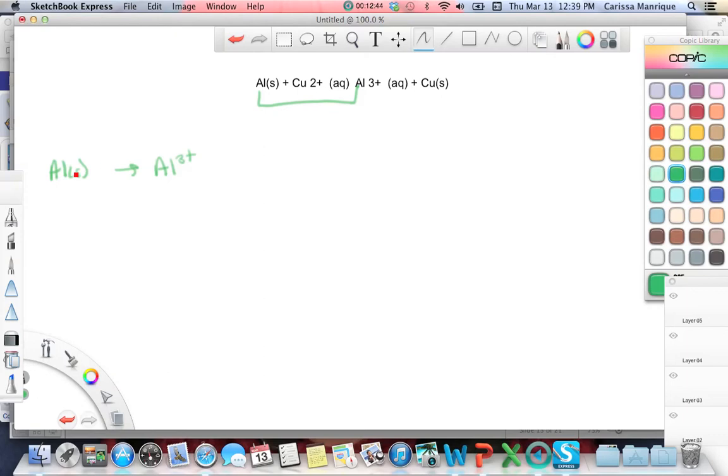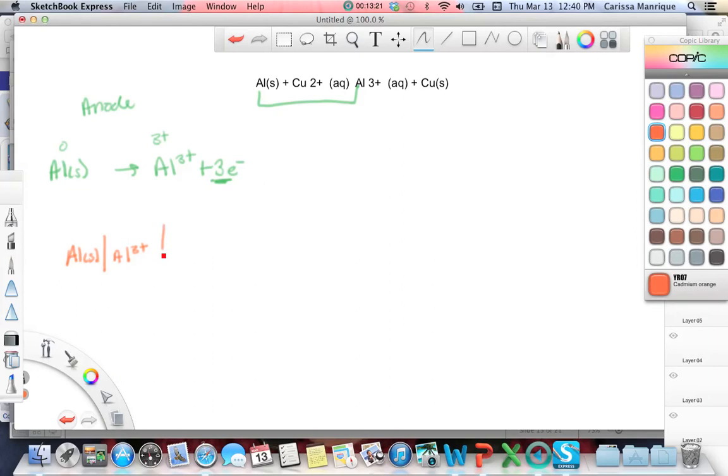So let's go ahead and put our electrons here. This went from a 0 to a 3 plus. So which side do electrons go? On this side. Why? Because they always go to the more positive side. So I have electrons that were produced, so that makes this the anode. If I start writing the cell notation here, that would be aluminum solid, separated by a line, because that's my arrow, goes to aluminum 3 plus.